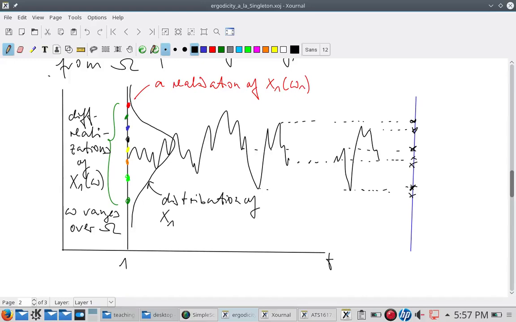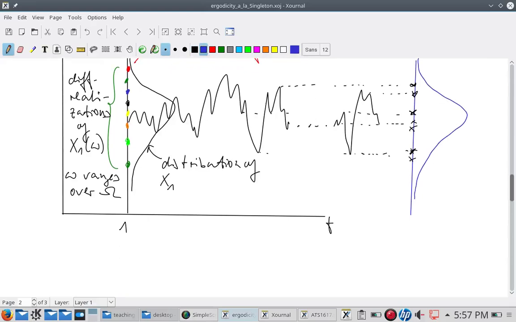Okay, and if I have enough of them, a long observation of the time series, a long observation of the process, and if I would compute a density over these observations, then what should happen is that the distribution that I get from these time series observations, these black dots which I have here, this distribution constructed from these points, is the same distribution as the one I get from these colorful points up there.